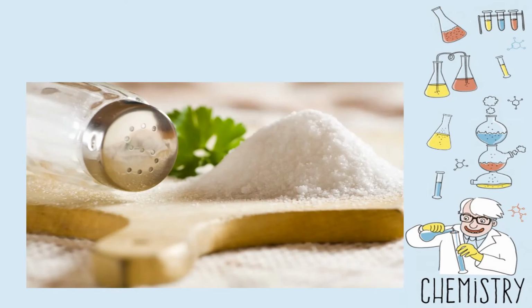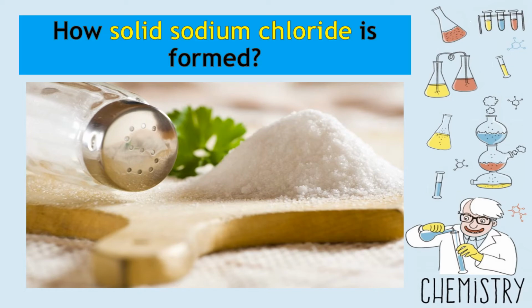Now, what can you say about this picture? Yes, it is table salt. Our next topic is about how solid sodium chloride is formed. The chemical name of our common table salt is sodium chloride.